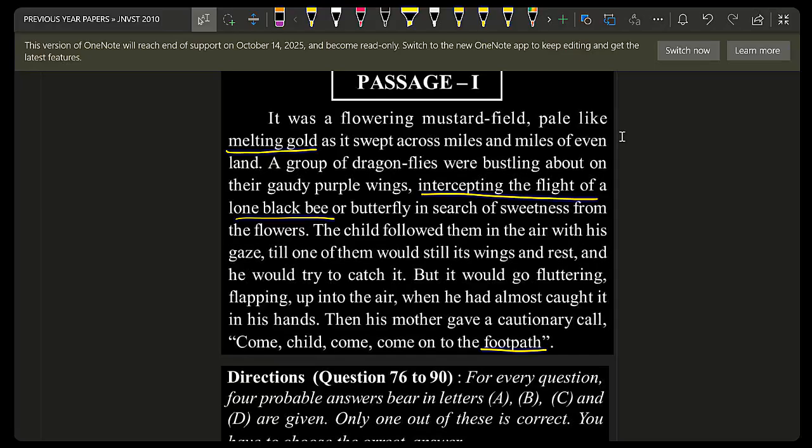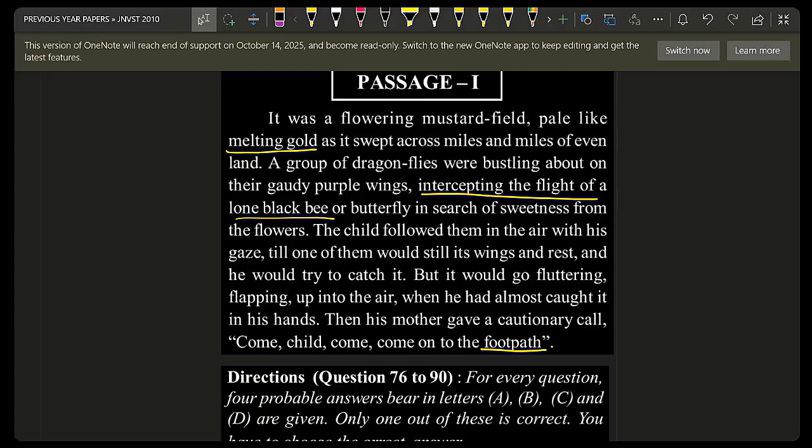In which line it is there? Sir, seventh. Yeah, gaze. Gazing means looking with interest. He's gazing it means he's checking how they are moving and he wants to know about them.